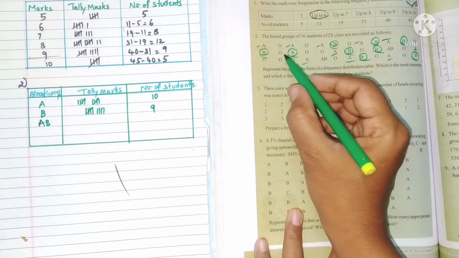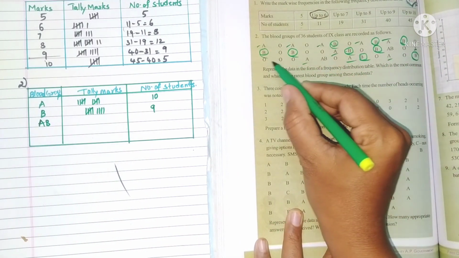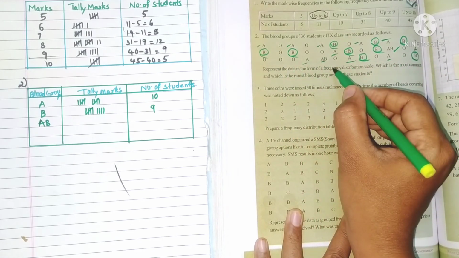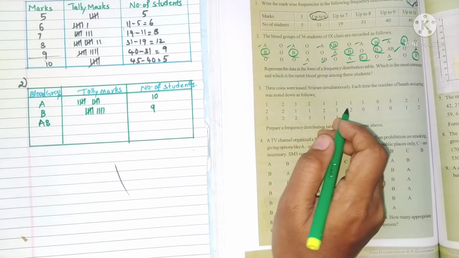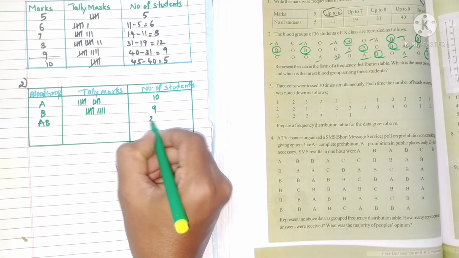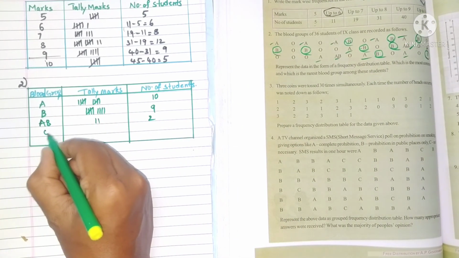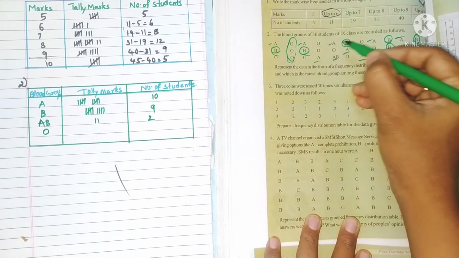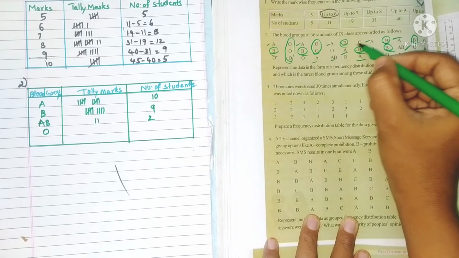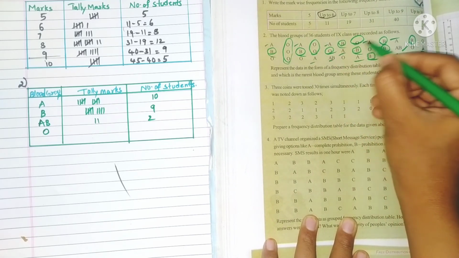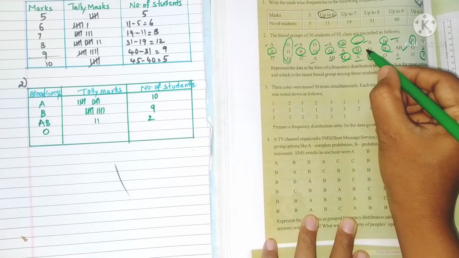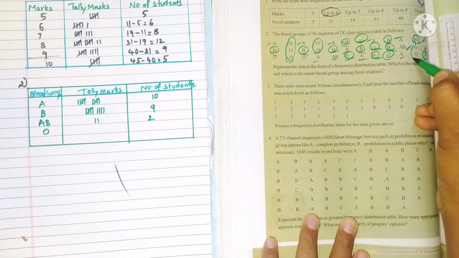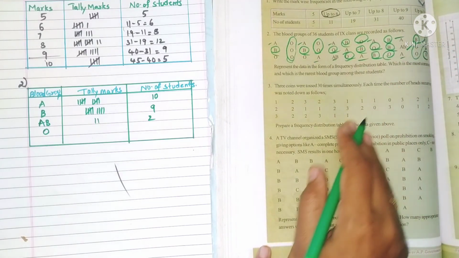So AB blood group. Here 1, 2, only 2. Next, O. So these 3, 5, 6, 7, 8, 9, 10 and this.